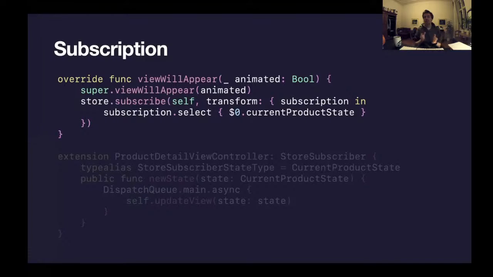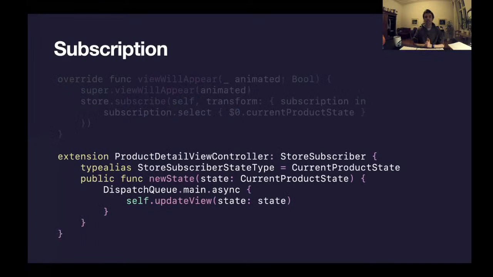Here I select one of the substates, and then I define that I'm only interested in this current product state. And on the main queue, async, I update the view, because we should not rely on the queue on which the state is returned. We should always make sure that something updates on the main queue, right?